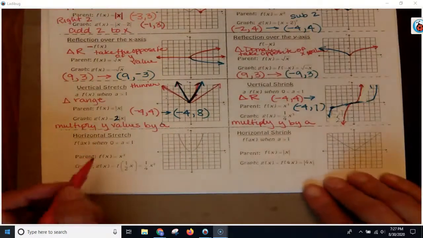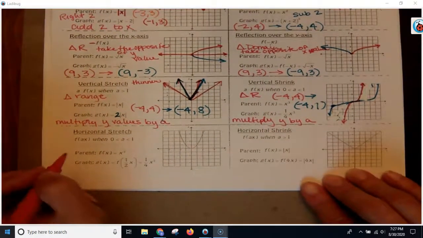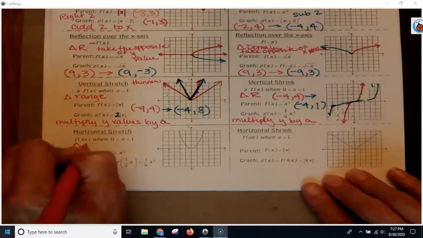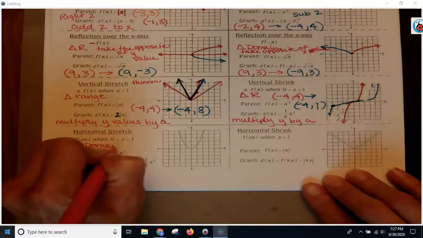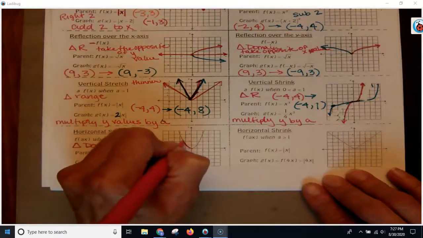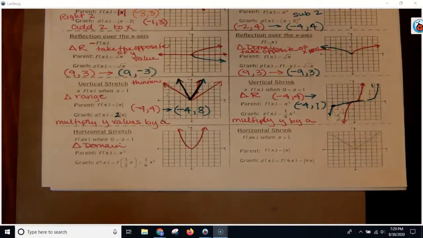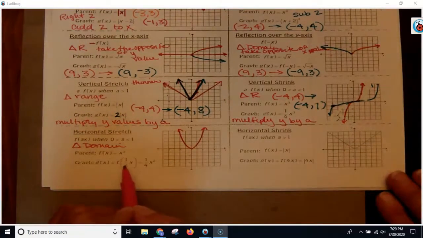Last but not least, we're talking about a horizontal stretch. The horizontal stretch is when it's inside the parentheses. So this is going to be a change in our domain. If our original quadratic function looks like this, and we have 1/2 of x, basically what this is saying is 1/2 of x squared would then be 1/4 x squared, because you were squaring that 2 at the bottom.